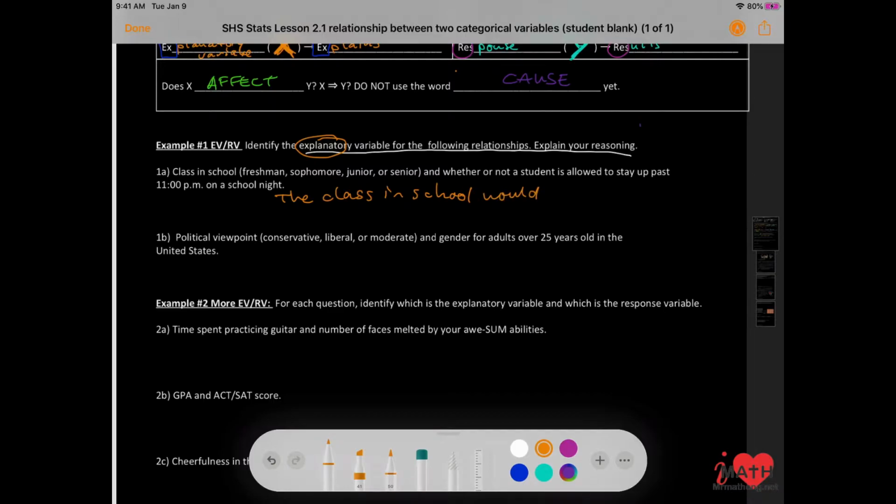So if you're, say, a freshman, maybe you just got into high school and your parents are not willing to let you stay out. But if you're a senior, maybe you could just be home by 11. The class would be the explanatory variable because of maturity may influence your curfew time.